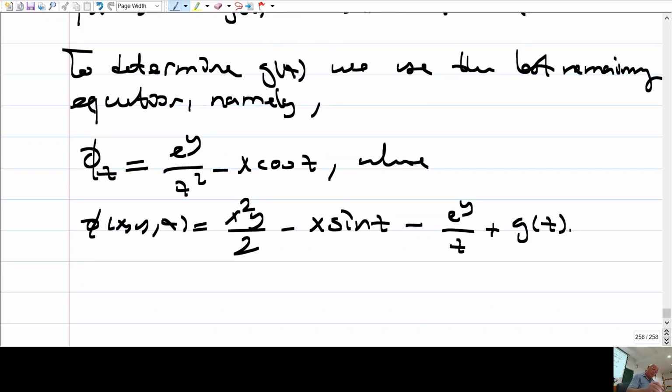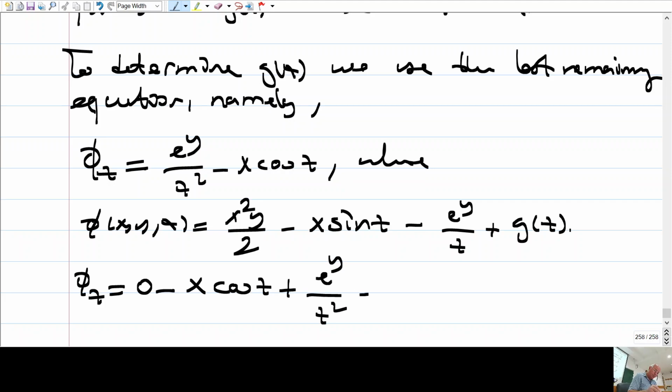Peki şimdi bakalım bunun türevi neymiş? Phi z, derivative of this with respect to z. First term gives me 0. Minus x times derivative with respect to z, just cosine z, minus derivative with respect to z. It will be e to the power y over z squared plus g prime z.